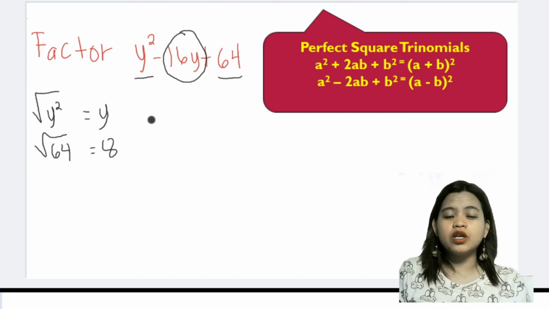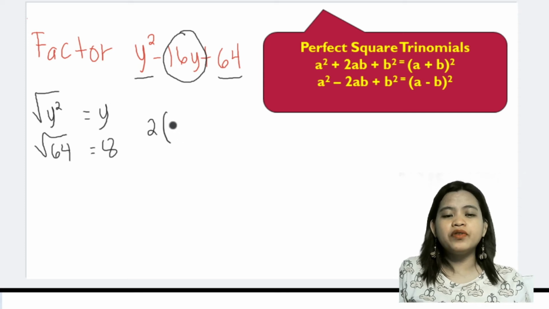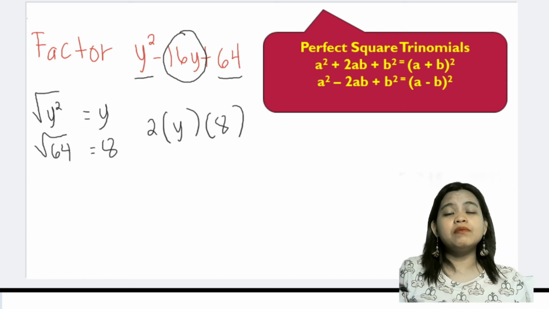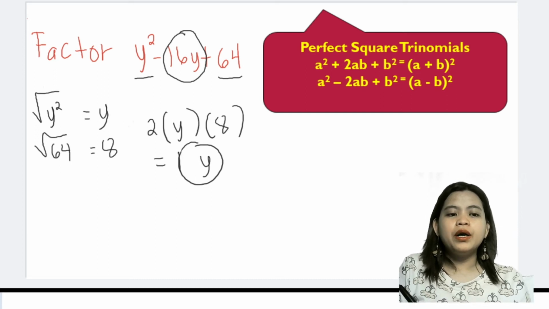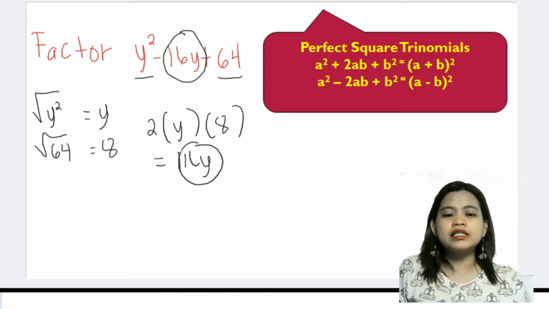Satisfying the second condition, we need to get twice the product of the root of the first and the last term. So, 2 times y is equal to 2y, times 8 is equal to 16y. As we can observe, our answer is same with our middle term, which is 16y.